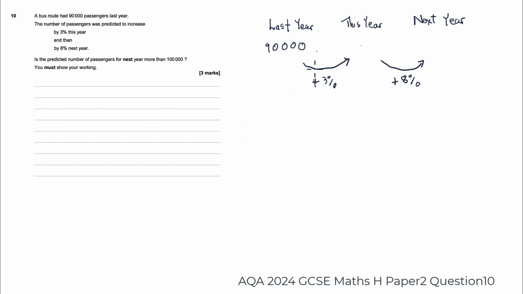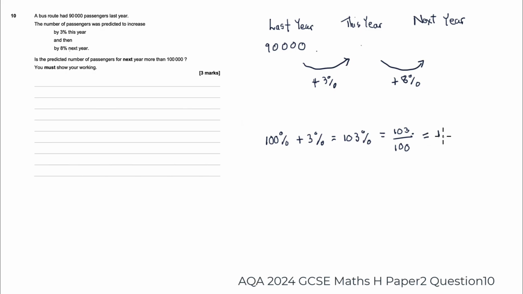So first of all, let's look at adding 3% to 90,000. Now if we consider 90,000 to be the whole figure, that's 100%, and we're adding 3% to it, we're looking at 103% of this figure, the whole figure plus that 3%. And we know that percent means divide by 100. And we also know that if we divide by 100, the decimal point moves 2 places to the left, or alternatively, the digits move 2 columns to the right.